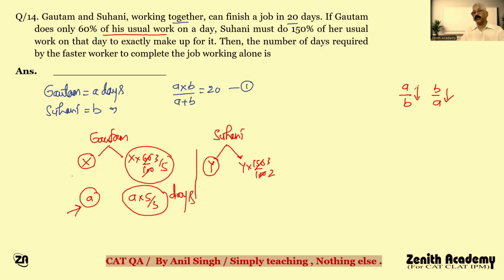If speed changes in a ratio A is to B, then time will change in a ratio B is to A. So here, Suhani was working in B days alone, but with this new change, she will finish the same work in B into 2 by 3 days.